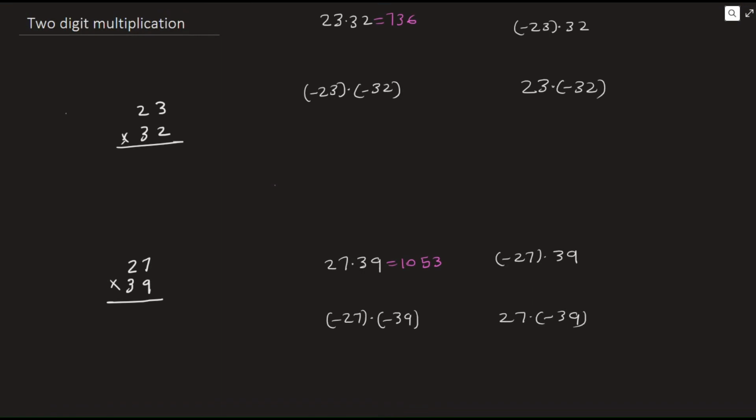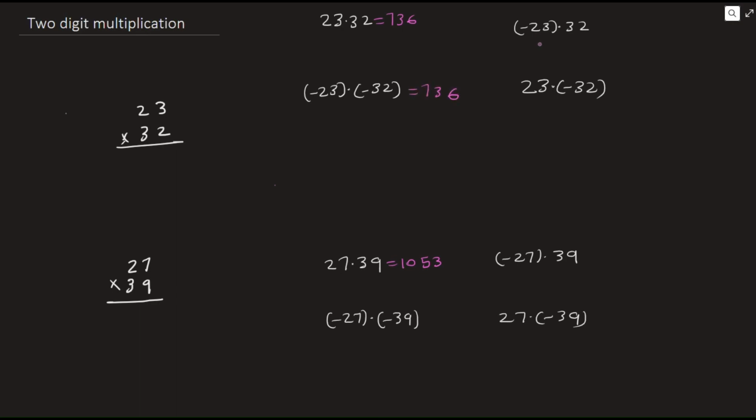Now that you know what multiplication is, I will explore more and do multiplication of two-digit numbers. I have various cases. First, I have the numbers 23 and 32. The answer of their multiplication is 736. So these cases I have. When I have -23 times -32, the answer is 736.